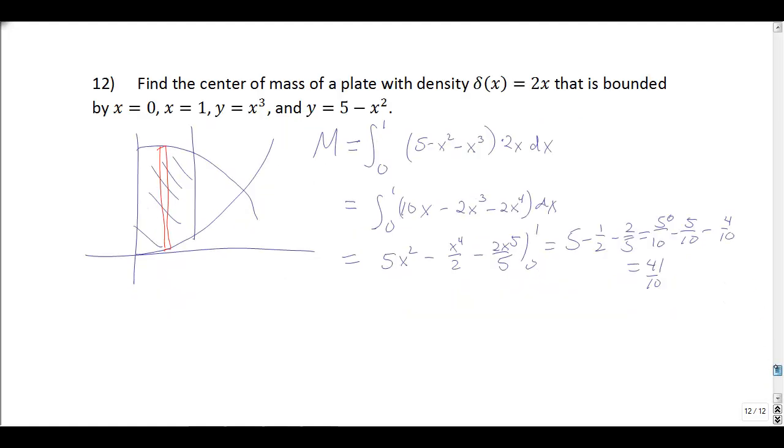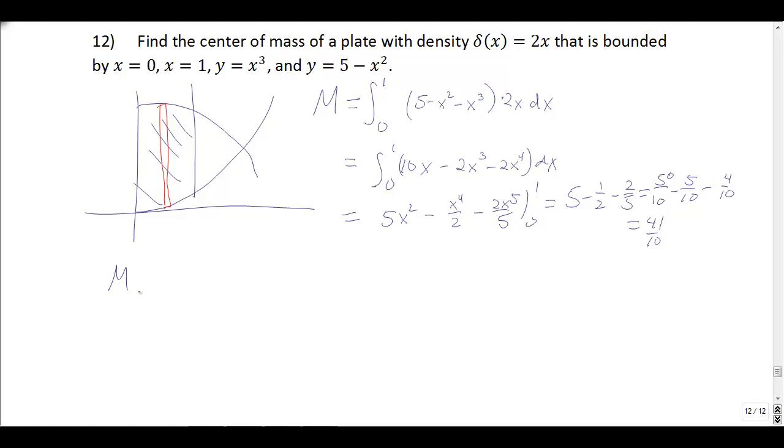Now we're going to have to do our moments as well. So let's do our moment about the x-axis. Same strategy as before. We're going to shrink our rectangle into a point at its midpoint, and it'll average out. So we're going to integrate 0 to 1. We're going to do a distance of that midpoint to the x-axis.